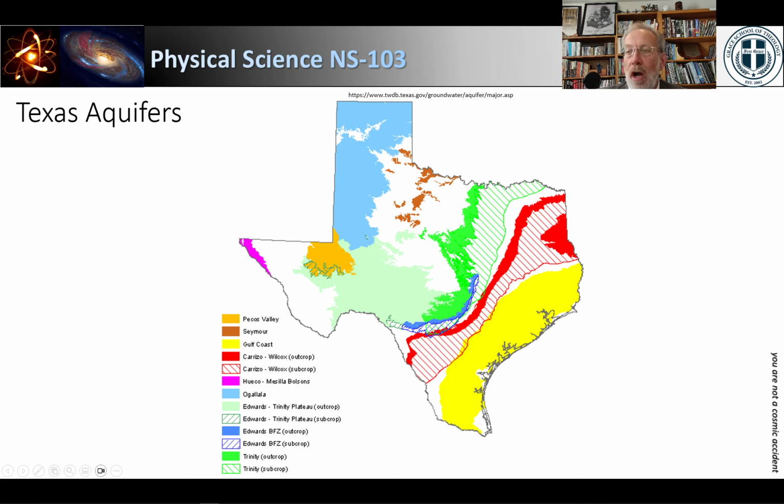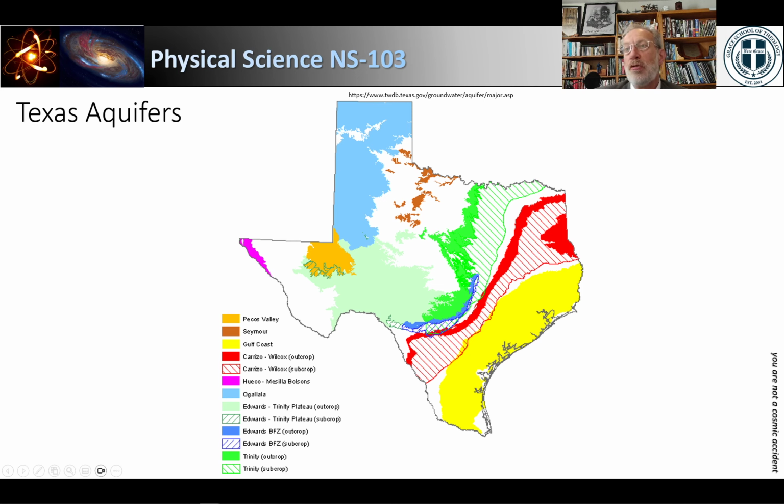There's this huge aquifer under the middle of Texas called the Edwards Aquifer. And then we've also got the Trinity in here, and up in the Panhandle, we've got this thing called the Ogallala. But that's all water that has seeped down through, percolated down.